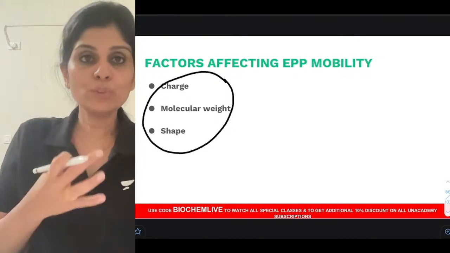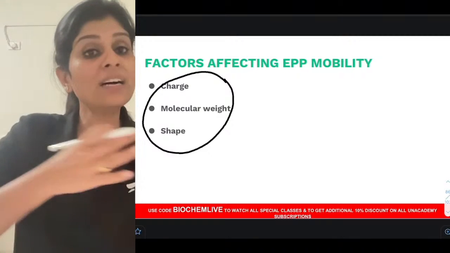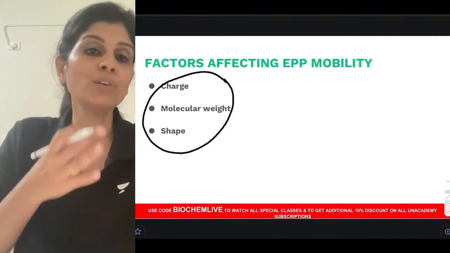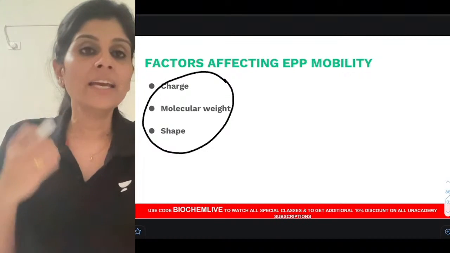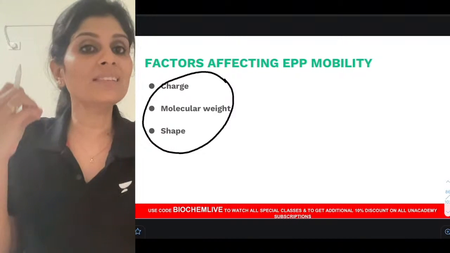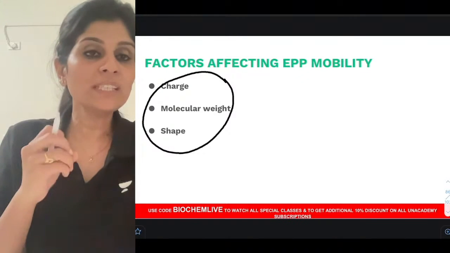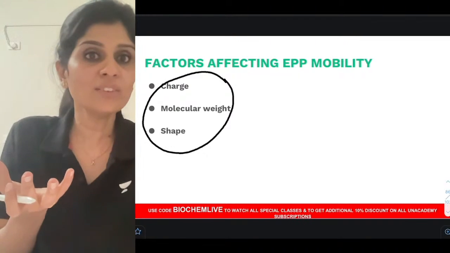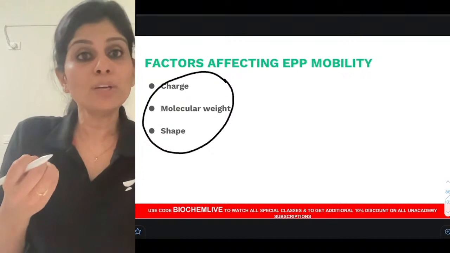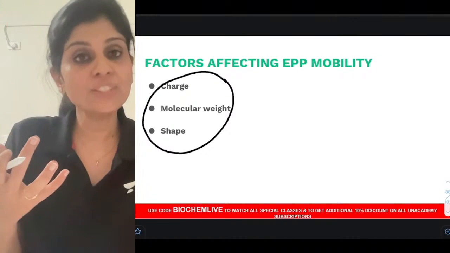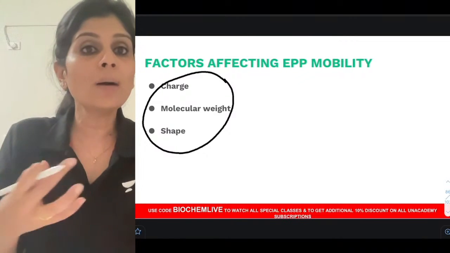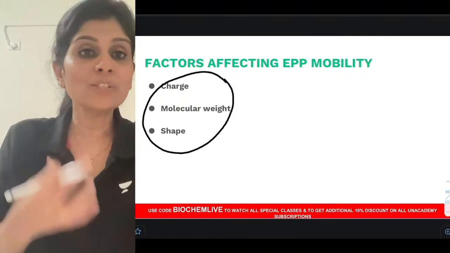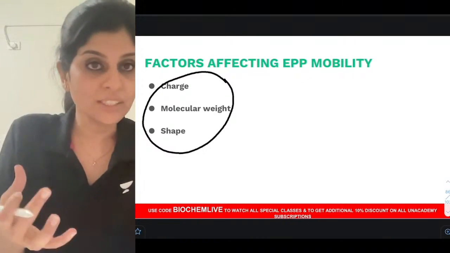For example, if you see that a protein is migrating the fastest, will you immediately say this protein is the lightest? You cannot say that, right? Because it can be because it has the highest negative charges. So you're not able to comment on its molecular weight based on the electrophoretic migration.